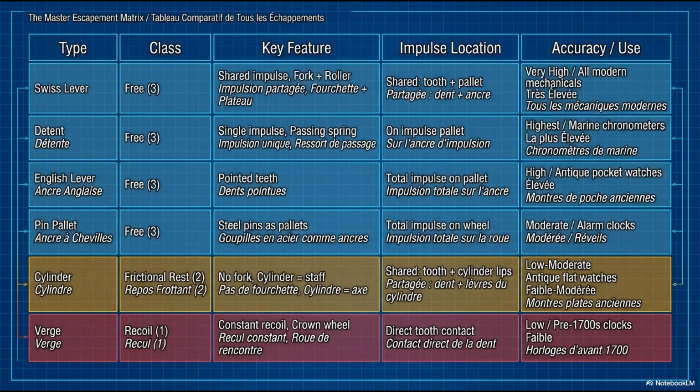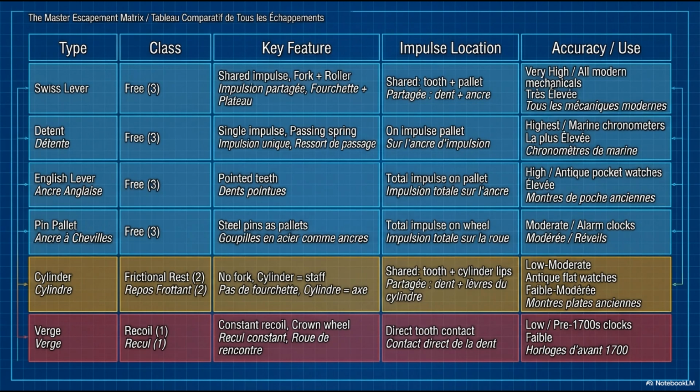Impulse location: shared between tooth and cylinder lips. Accuracy: low to moderate. Use: antique flat pocket watches. Verge, Class 1 recoil. Key feature: constant recoil, crown wheel, roue de rencontre. Impulse location: direct tooth contact. Accuracy: low. Use: pre-1700s clocks.